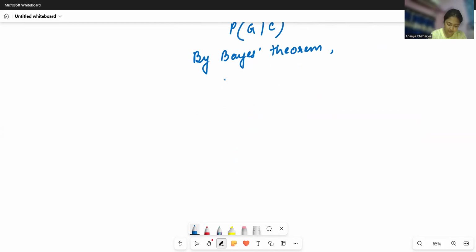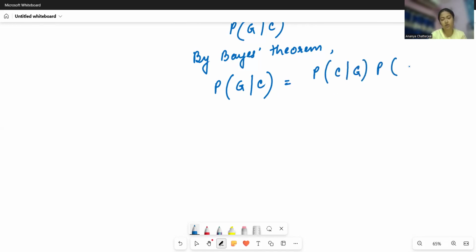By Bayes theorem, we can say that the probability that it is a guess given that it is a correct answer is probability of correct answer given that it is a guess, times probability of getting a guess, divided by probability of getting a correct answer. Right?